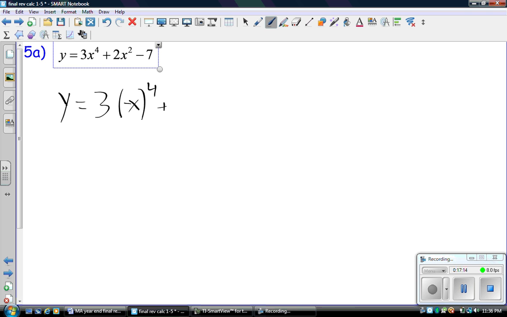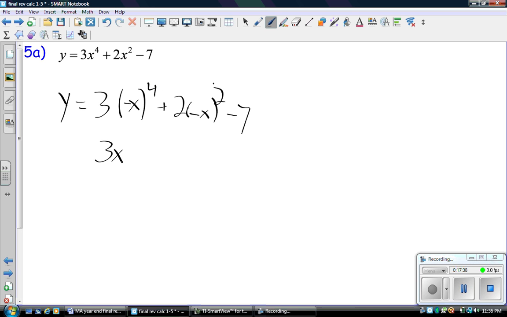-x squared minus 7. Negative to the 4th power is going to make it back to positive.